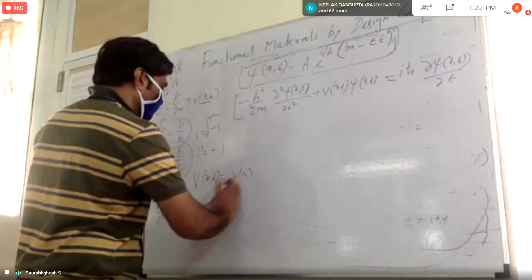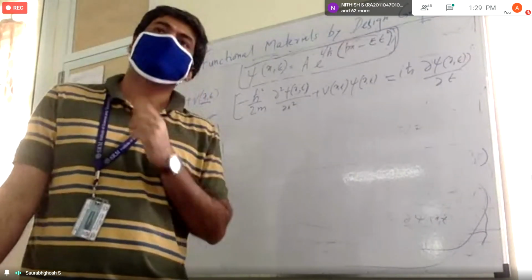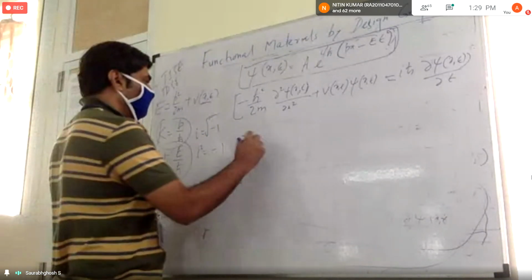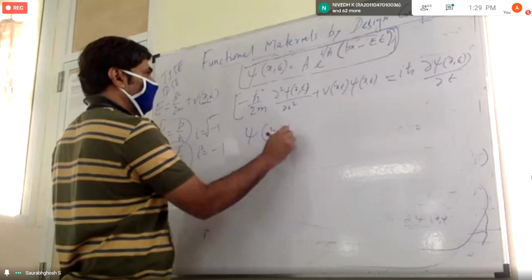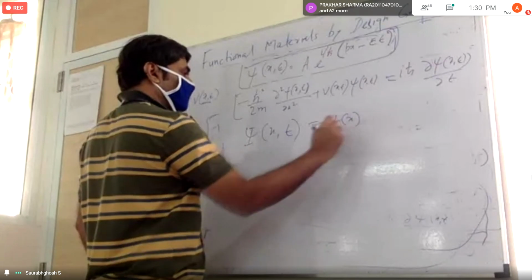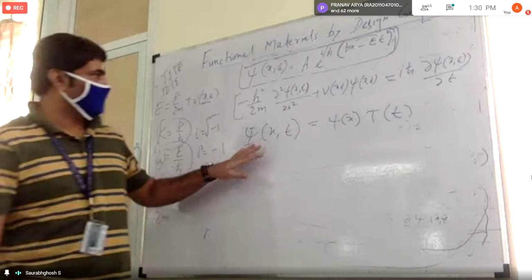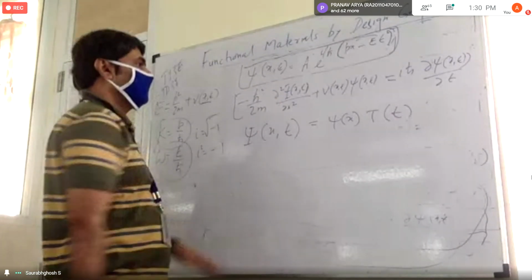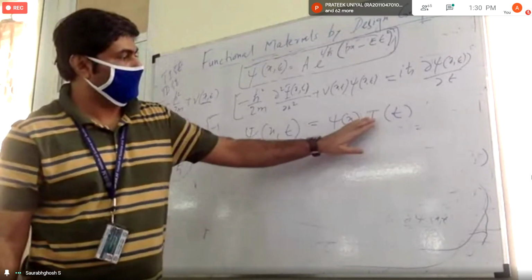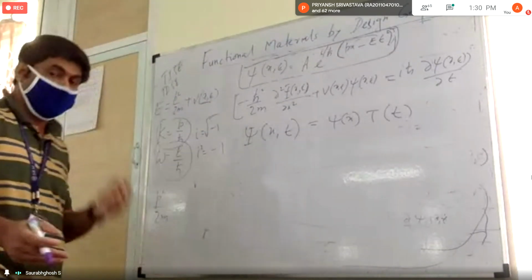Now we also use the concept of separation of variables. That means we say the function of x and the function of t don't depend on each other. So psi of x,t, I'm writing it as capital psi equals small psi of x times another function of t, which is a function of time.